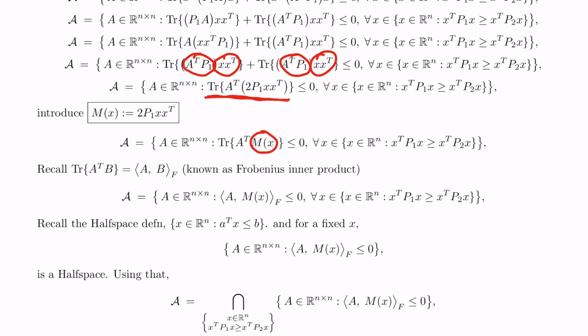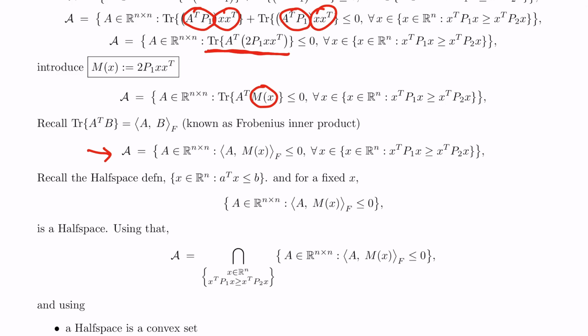So this is where we are, and this is the set that we are looking at. Again, if this term is confusing, just rename it, some set. Let's recall the definition of half space. The half space definition is this set: A transpose X, now this term is a scalar, and this is just another scalar, and we have an inequality here.